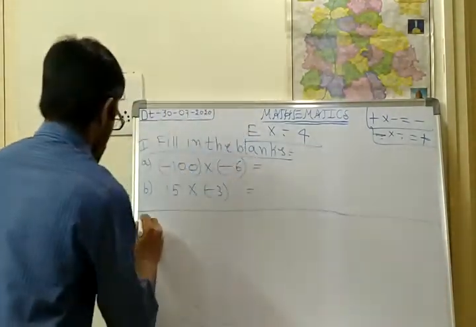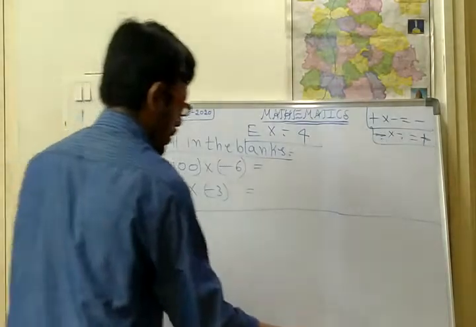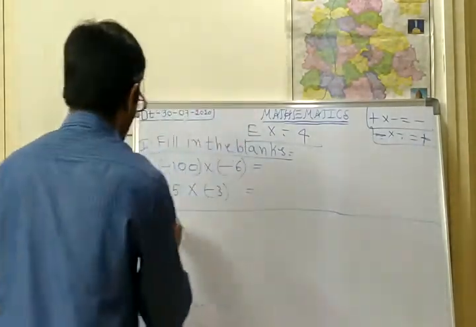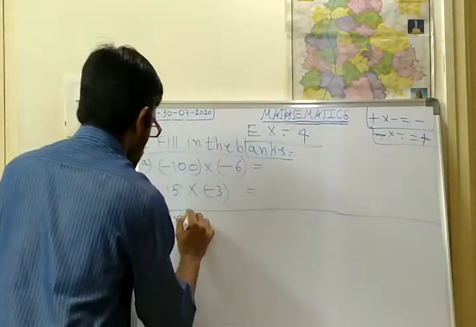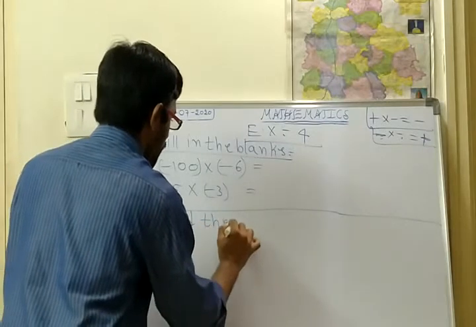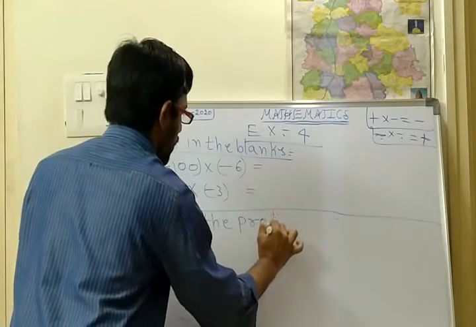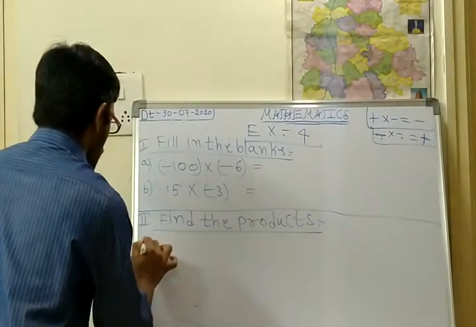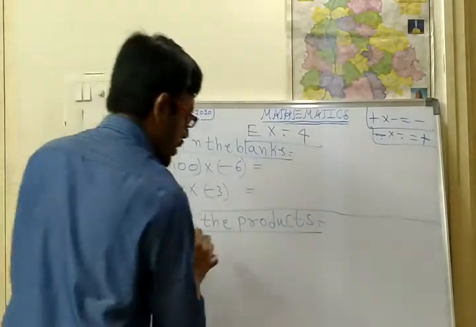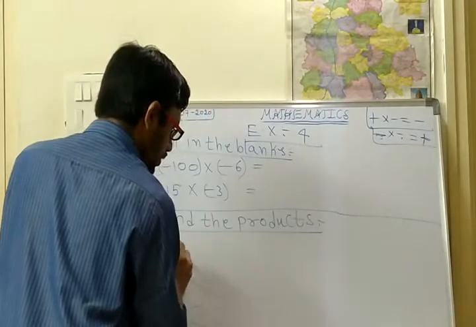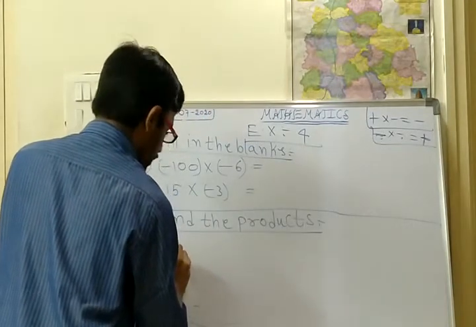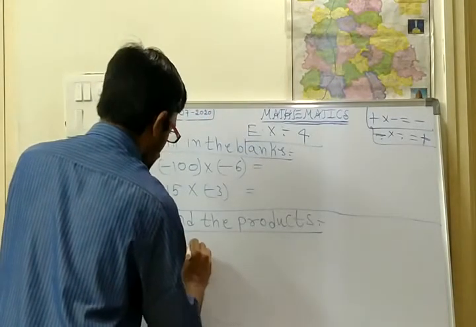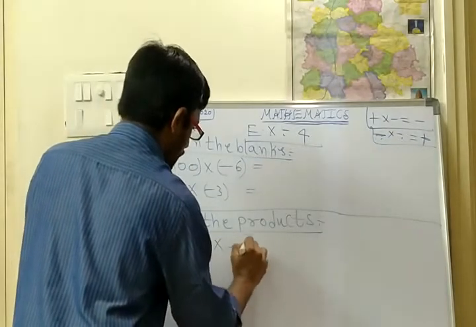Next, the second bit. What is the second bit? Find the products. The first one is 9 into minus 3 into minus 6.